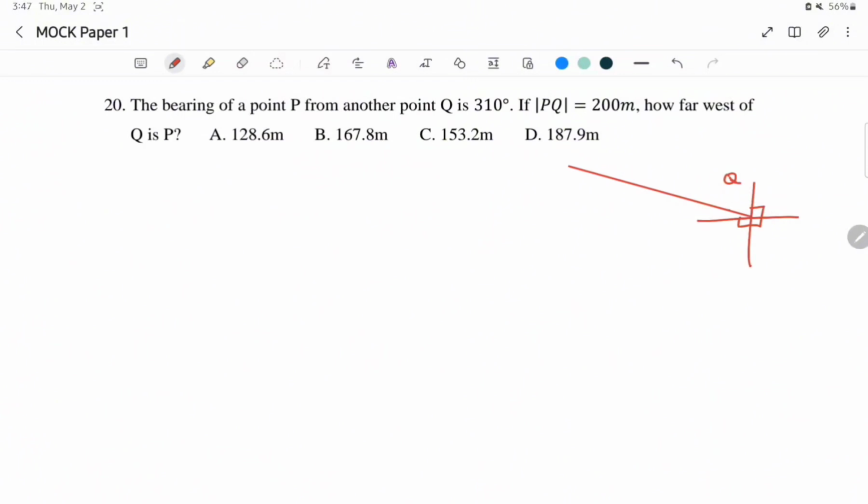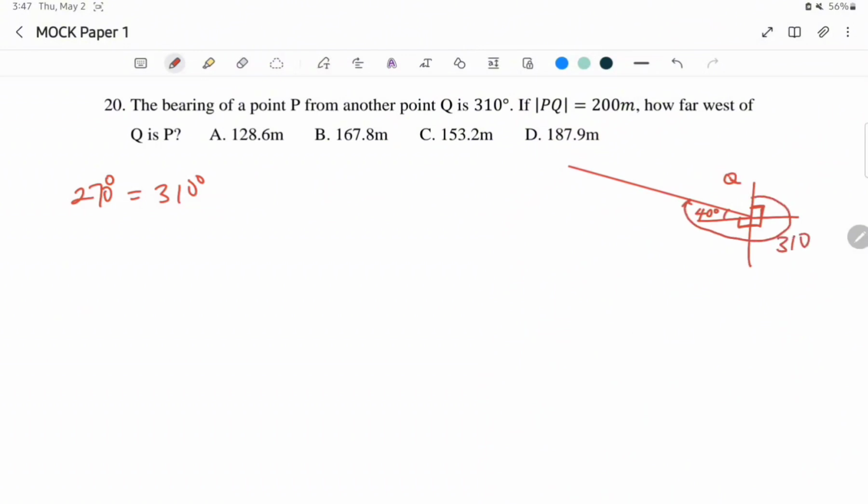So this is going to be 40 degrees, because just ask yourself, what value will you add to 270 degrees to become 310 degrees? So that means the angle required is 40 degrees.